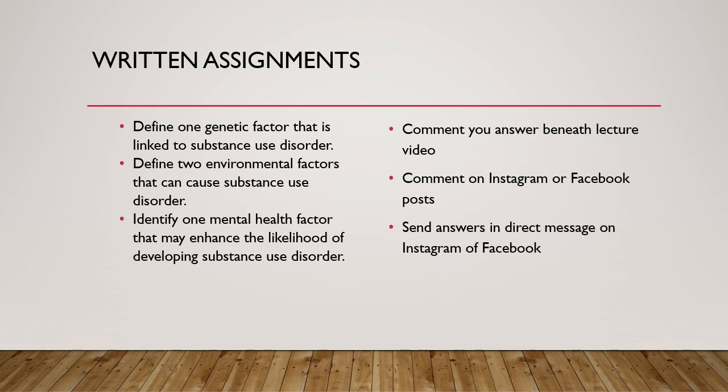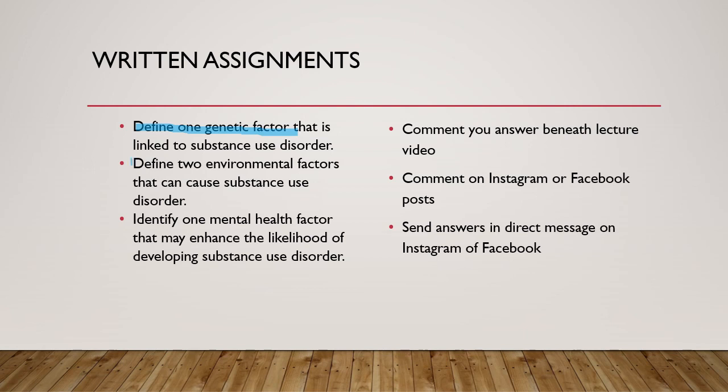Here we have a list of all of the written assignments. If you did not pause the video as we were going through and complete the assignments, you can always do that after the lecture. Either way is fine. Number 1 is to define one genetic factor that is linked to substance use disorder.